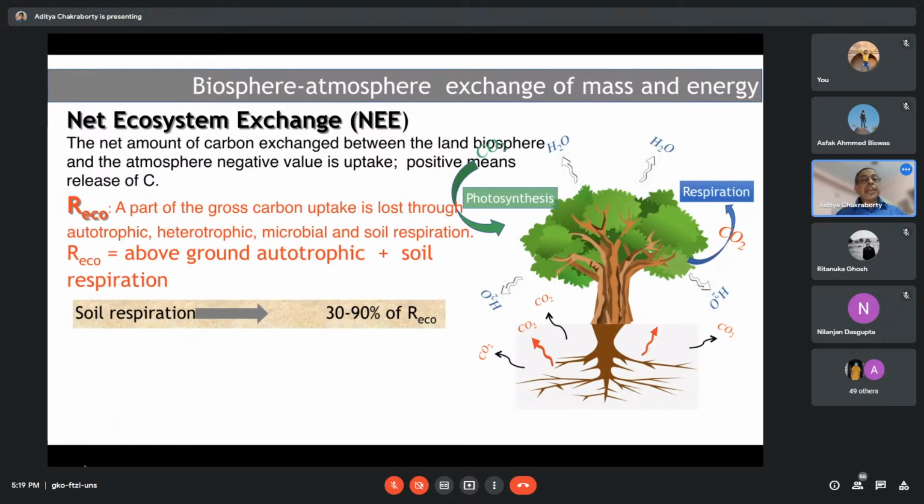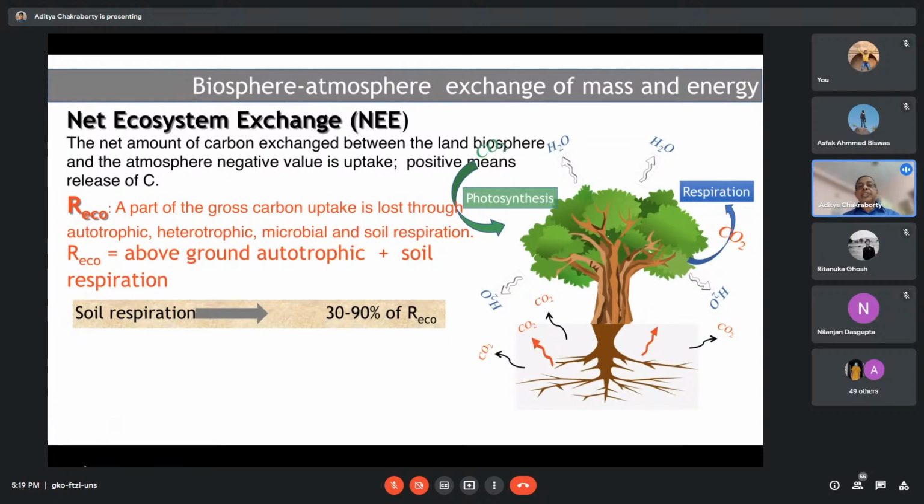Now, RECO is the total ecosystem respiration. Eco means ecosystem, so total ecosystem respiration, which includes both the autotrophic and the heterotrophic processes of respiration. So it contains above-ground respiration plus soil respiration.